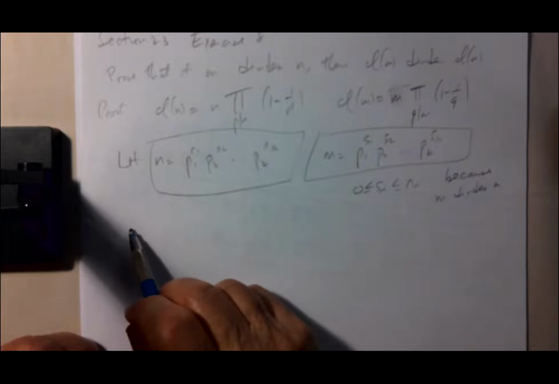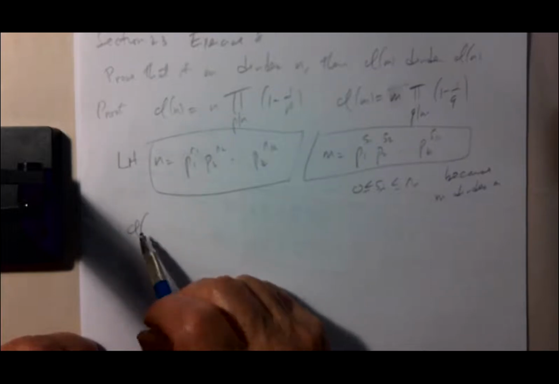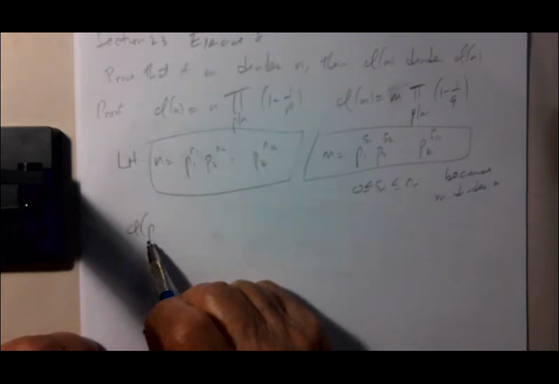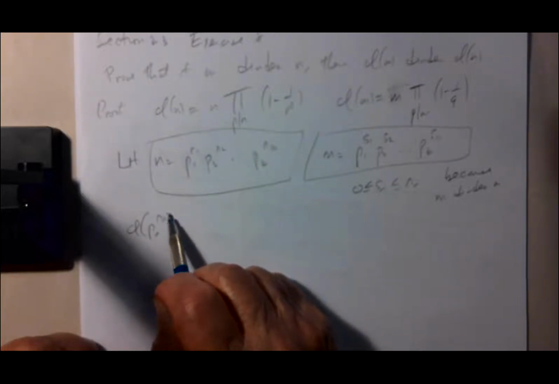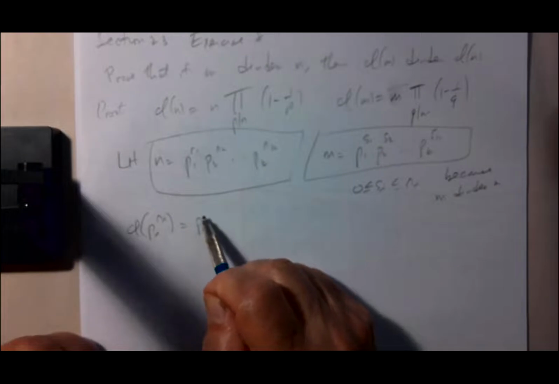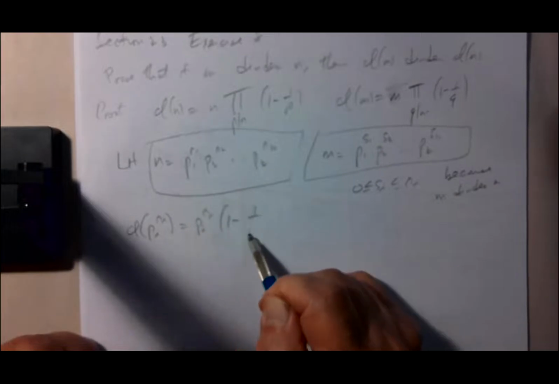So remember, for a prime power, phi of p sub i to the r sub i is p sub i to the r sub i times 1 minus 1 over p sub i. That's phi of a prime power.